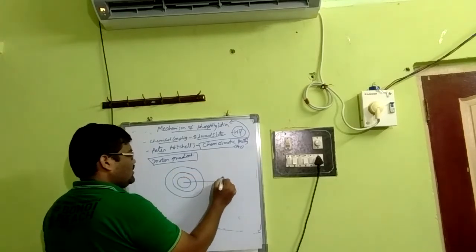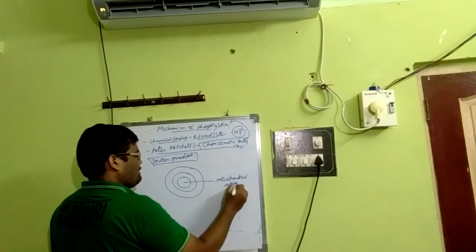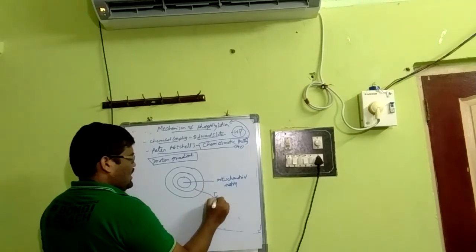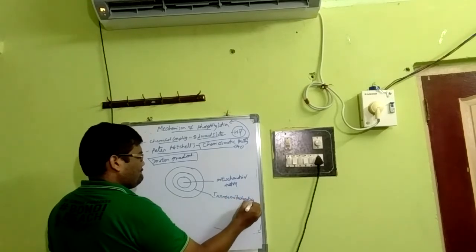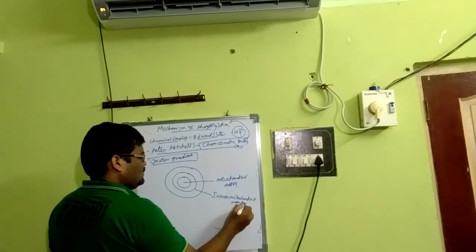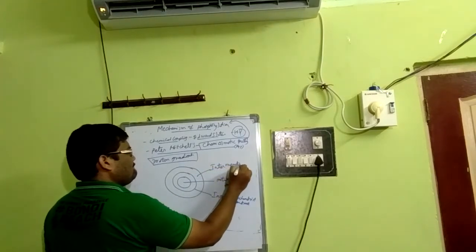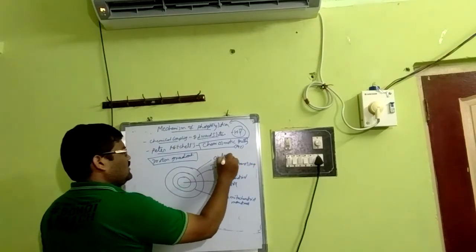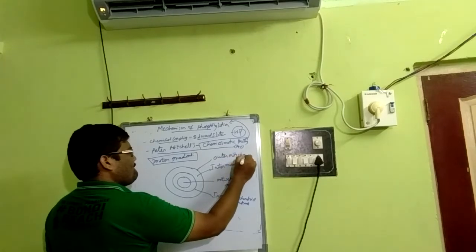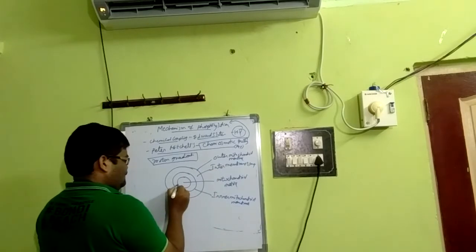Say, this is the mitochondrial matrix. This is the inner mitochondrial membrane. This is the intermembrane space. This is the outer mitochondrial membrane. See, this is complex 1, C1.